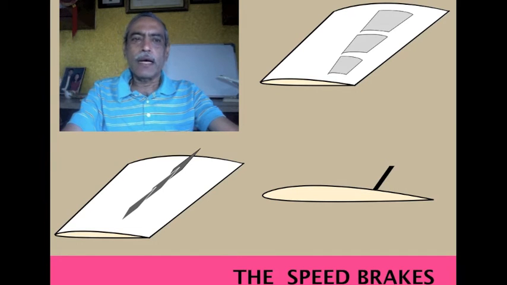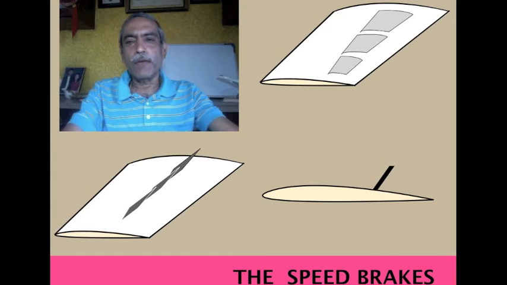The function it performs is that it disrupts the airflow over the wing. Normally, over the wing, the airflow would be very smooth and linear without any disturbance. Now, when these speed brakes protrude out, they create a lot of disturbance in the airflow.